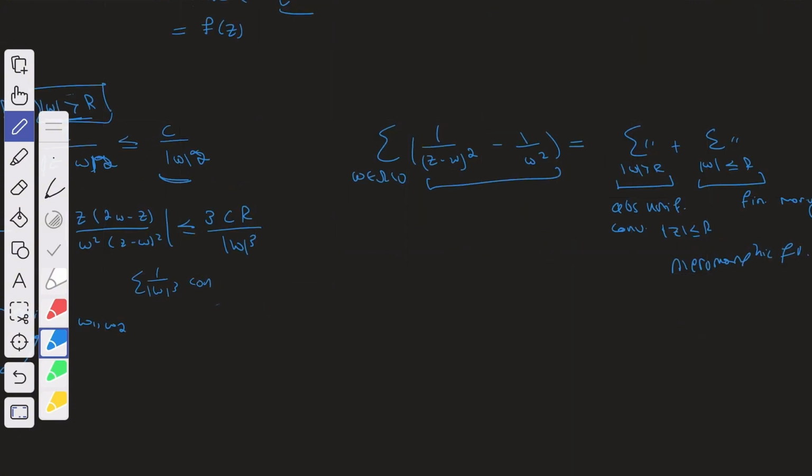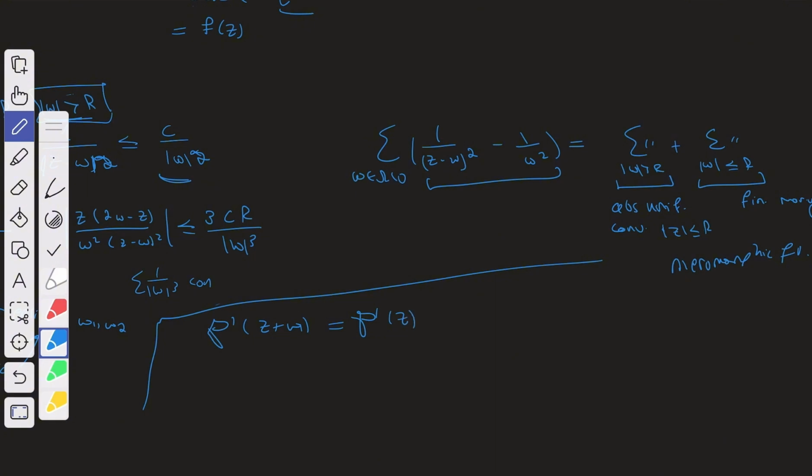What does that mean? Should this imply that the function itself is periodic? Well, of course, because if the derivative is periodic, then P'(z plus omega 1) is equal to P'(z).